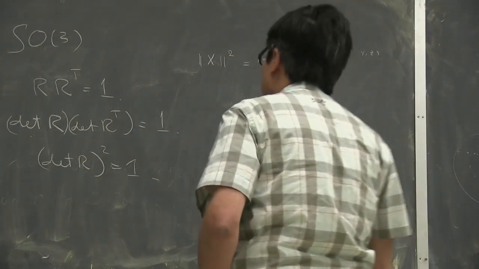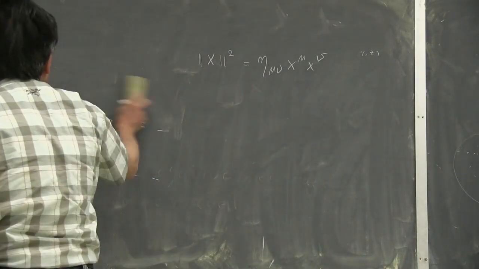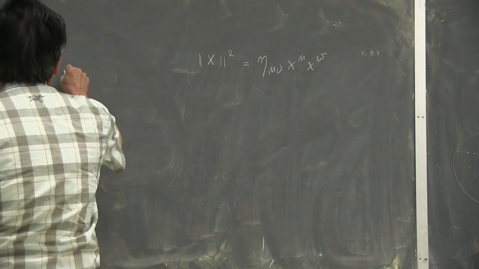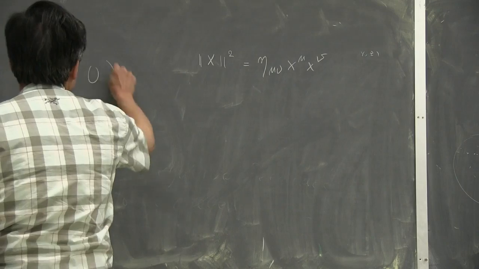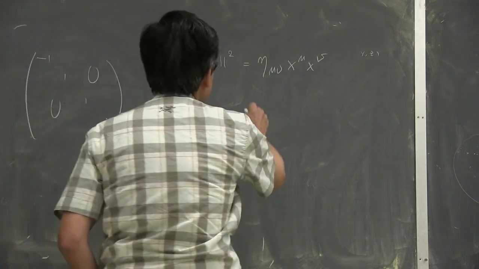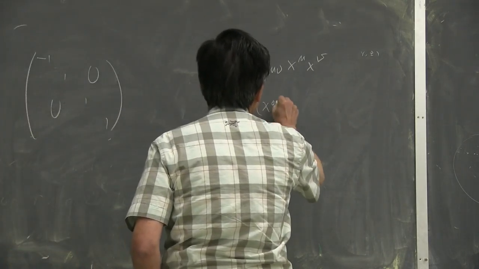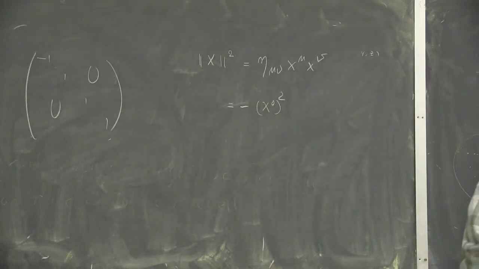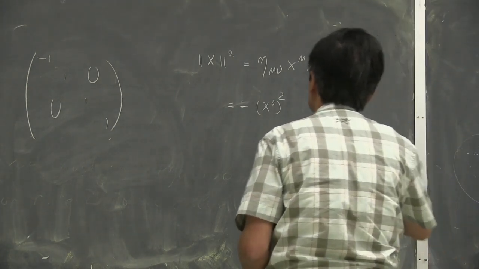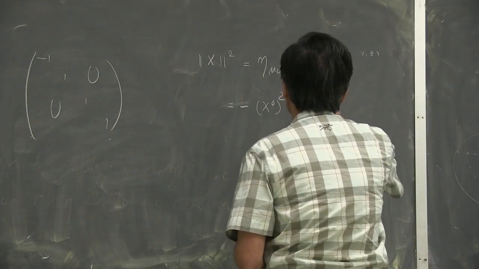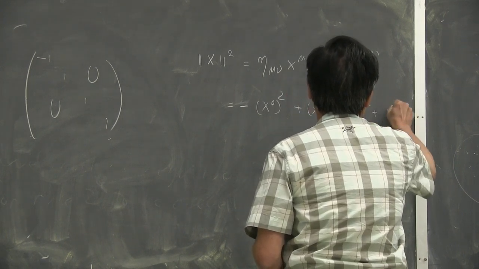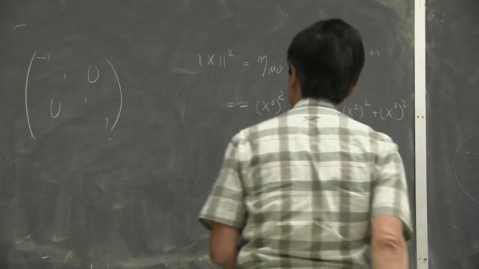And using the metric that we have just introduced, minus 1, 1, 1, 1, the rest are zeros, this is just equal to minus x0 squared. Now instead of x, y, z, I'm going to use x1, x2, x3. So plus x1 squared plus x2 squared plus x3 squared. Okay?